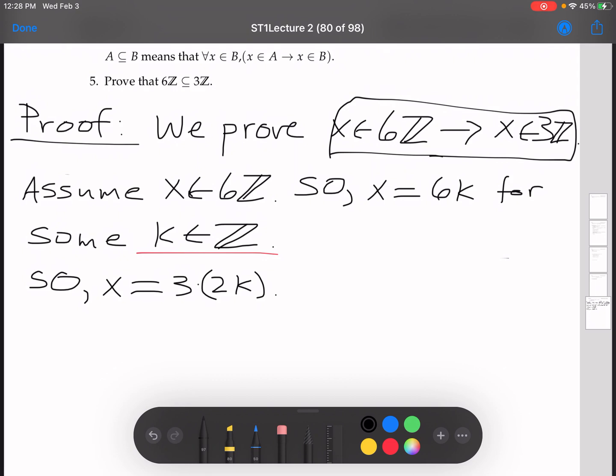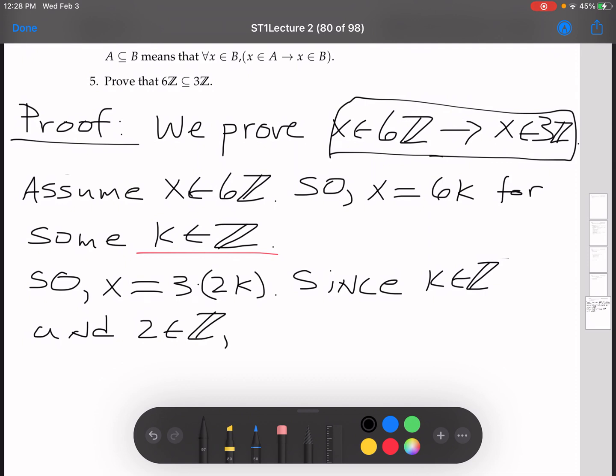And since k is an integer and 2 is an integer, 2k is an integer. That's a really important part. So since k is in Z and 2 is in Z, so is 2k.